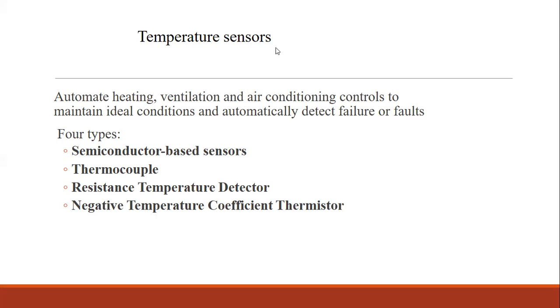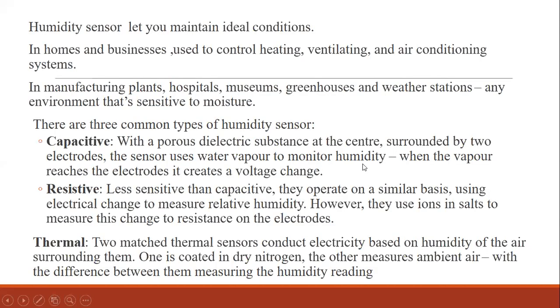So, what is the role of these temperature sensors? These temperature sensors can be used to control ventilation and air conditioning, and to detect any fault in the system. All these things can be detected using temperature sensors. Now next, humidity sensors.